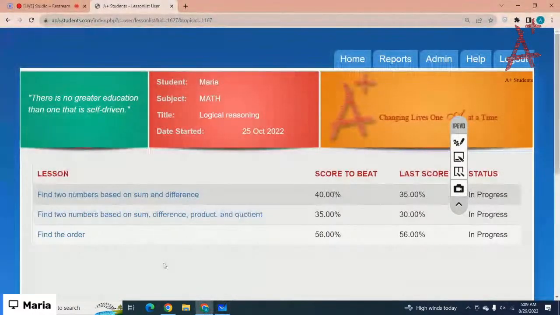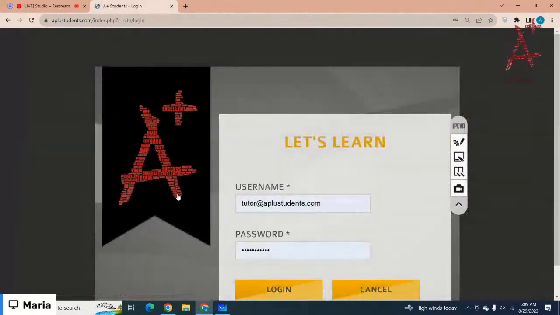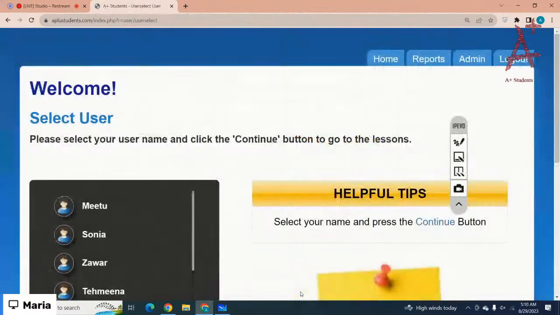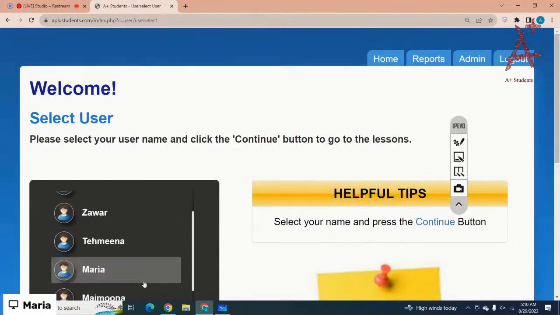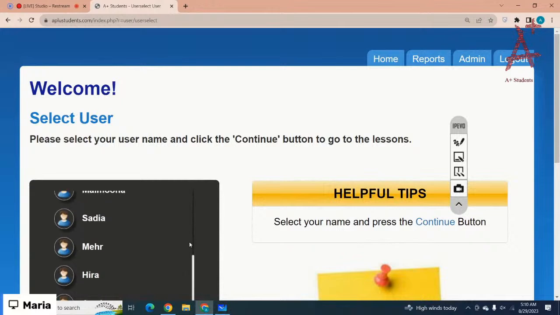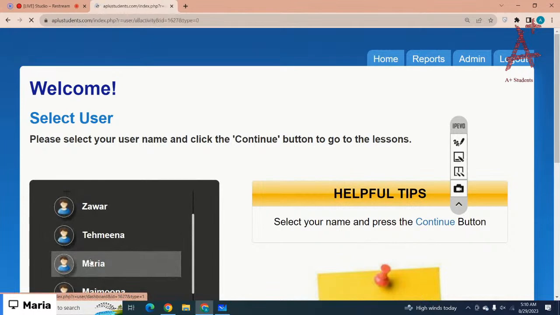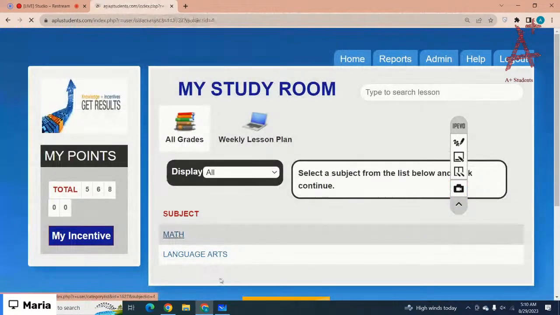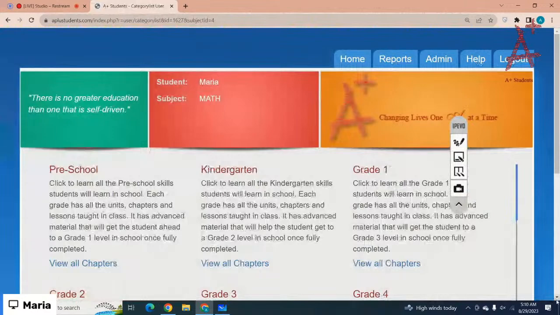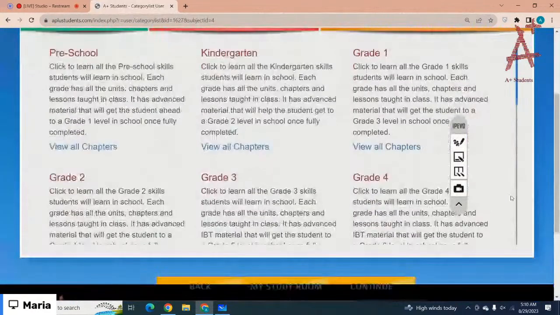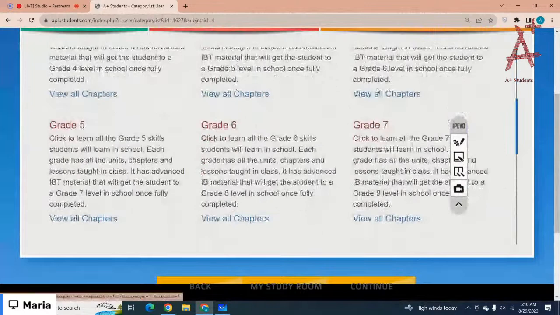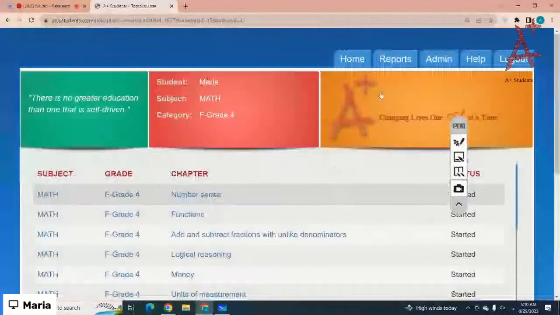Okay, here I'm on grade 4 math. Let's just start with the lesson.